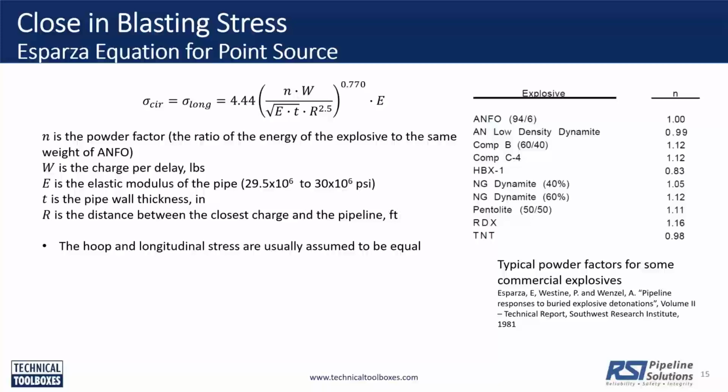So if you know the allowable limit for your pipeline, using this equation, you can come up with a criteria for what is the maximum amount of explosive charge that can get exploded at a given distance from your pipeline. If the stress is not acceptable, you either have to increase the distance or reduce the amount of explosive, right?